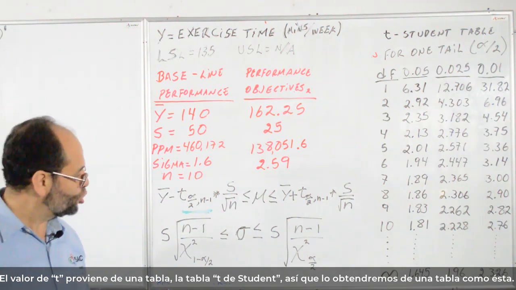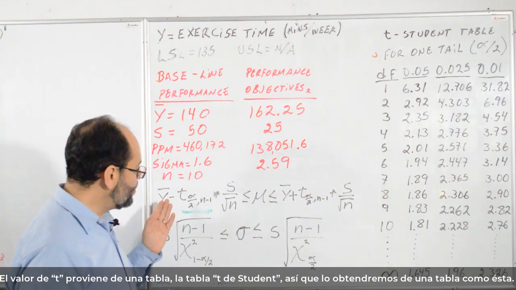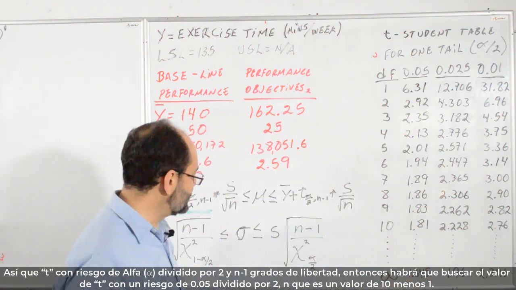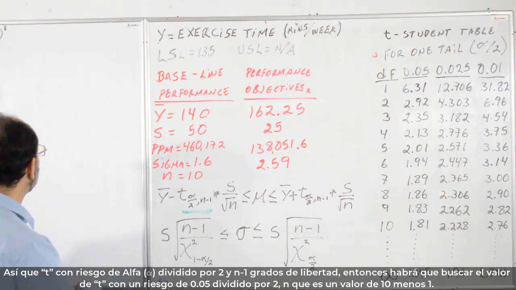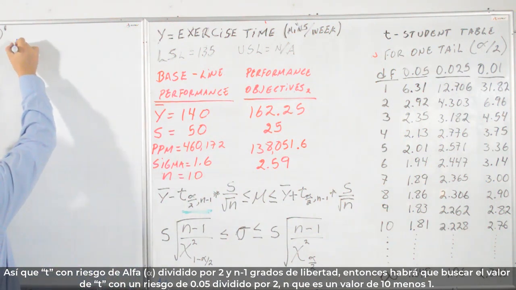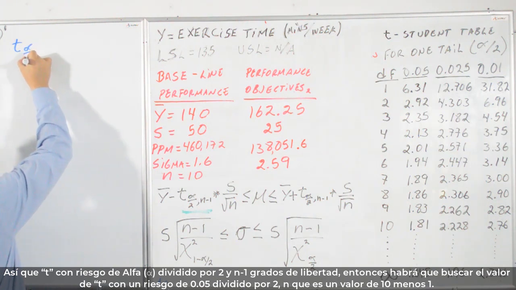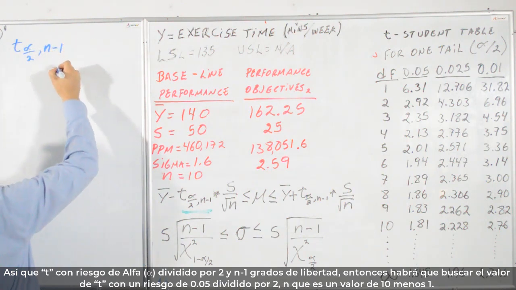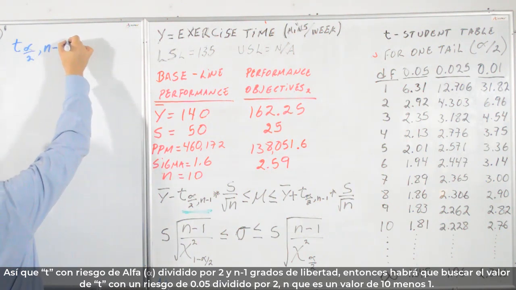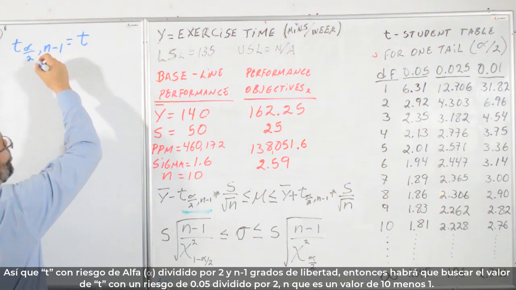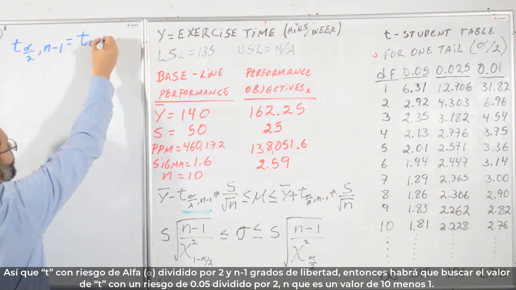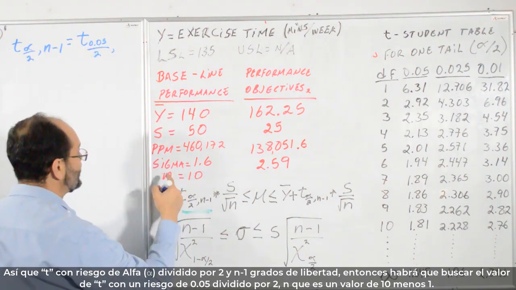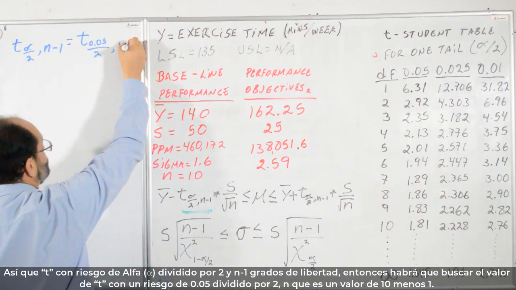T-student table. And this T-value is coming from a table like this one, T-test. So let me do T, and you can get here alpha divided by 2, comma, 9, which is n minus 1. That is basically a value of T with alpha, a risk of 0.05 divided by 2, and n, which is 10 values, minus 1.